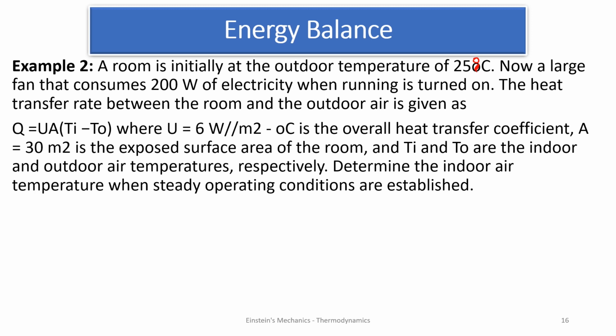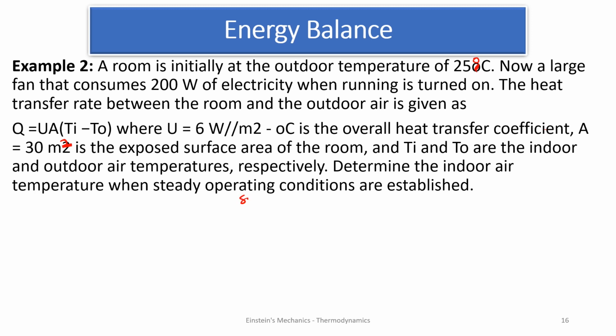The heat transfer rate between the room and the outdoor air is given as that, where U is the overall heat transfer coefficient. A within the equation is 30 square meters, the exposed surface area of the room, and Ti and T0 are the indoor and outdoor air temperature respectively. Determine the indoor air temperature when steady operation conditions are established.